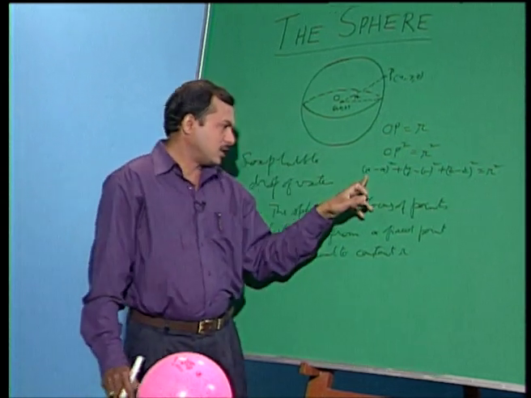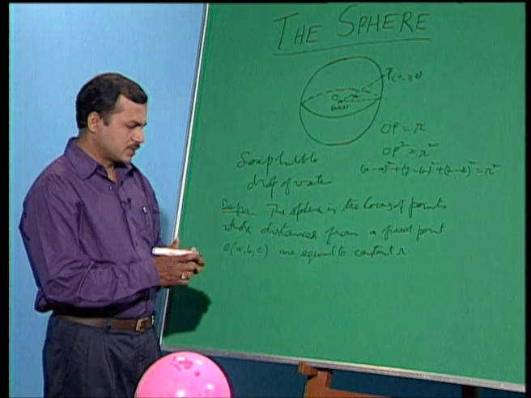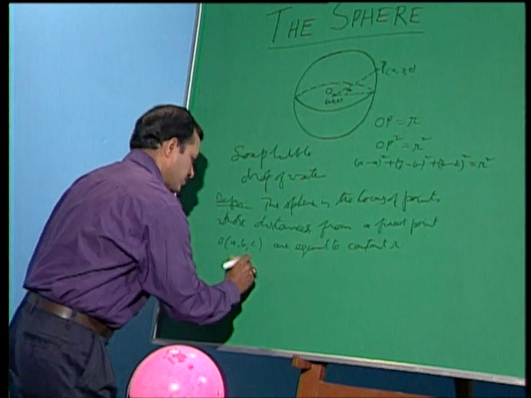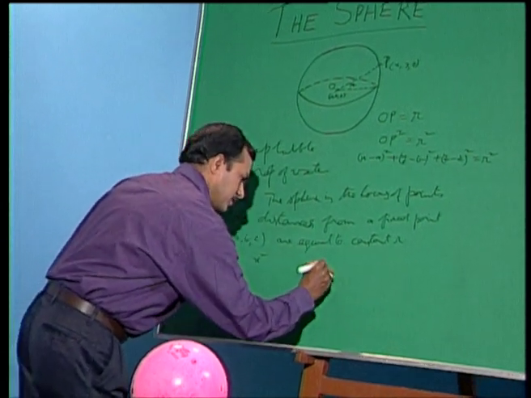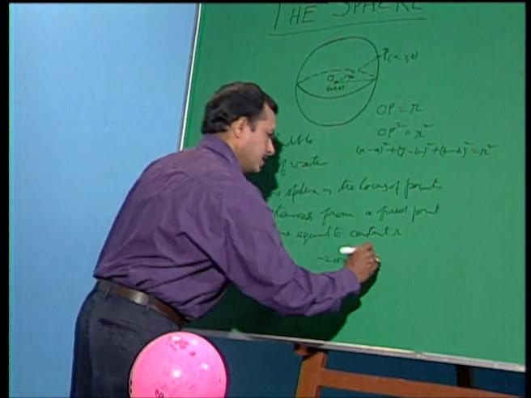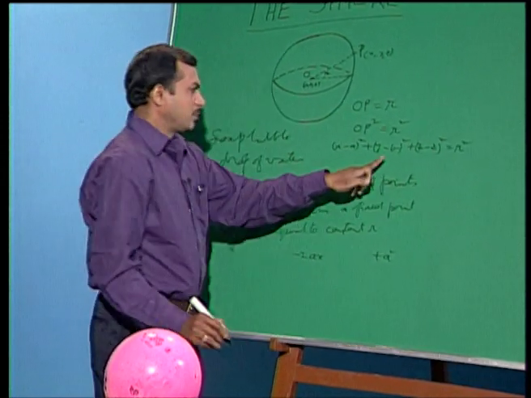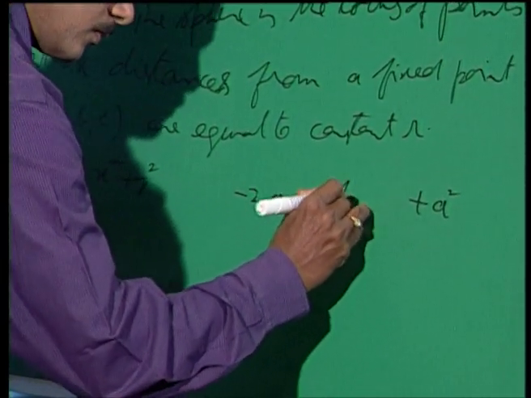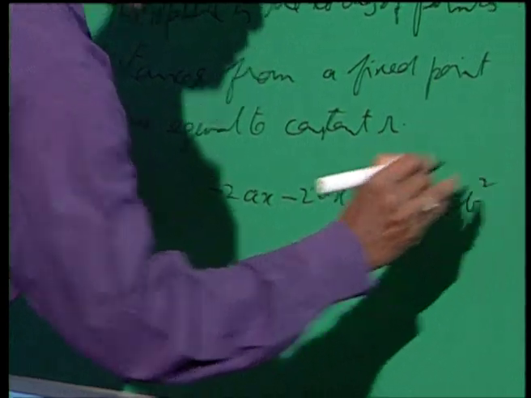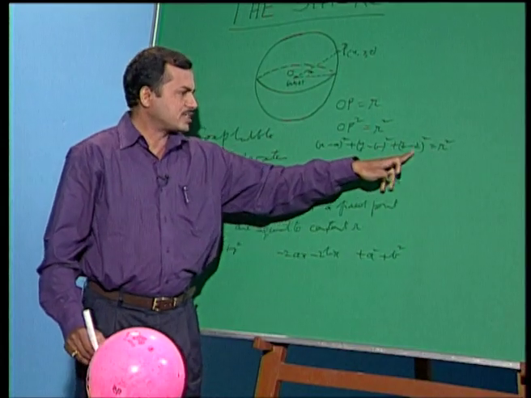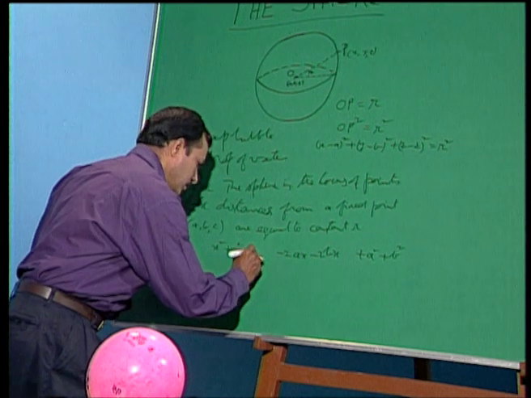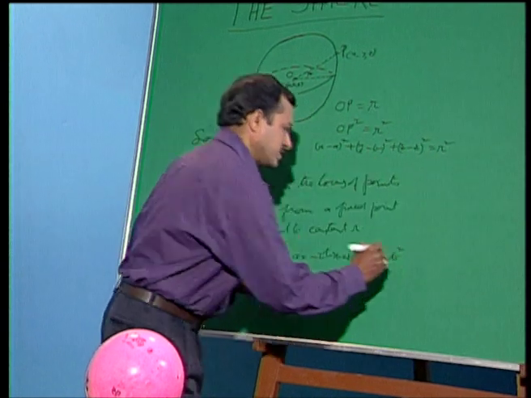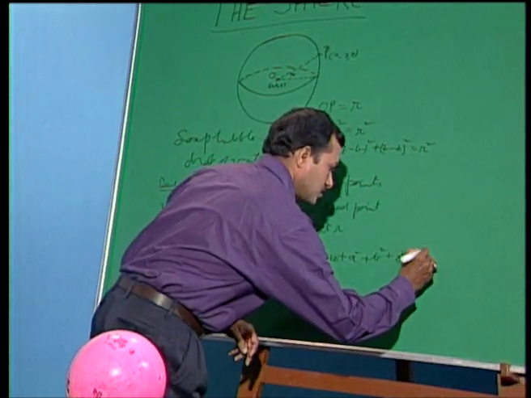We can expand these squares. When we expand these squares, we get the following equation: (x minus a) whole square becomes x square minus 2ax plus a square, and (y minus b) whole square becomes y square minus 2by plus b square. It is like (a minus b) whole square. (z minus c) whole square becomes z square minus 2cz plus c square, is equal to small r square.